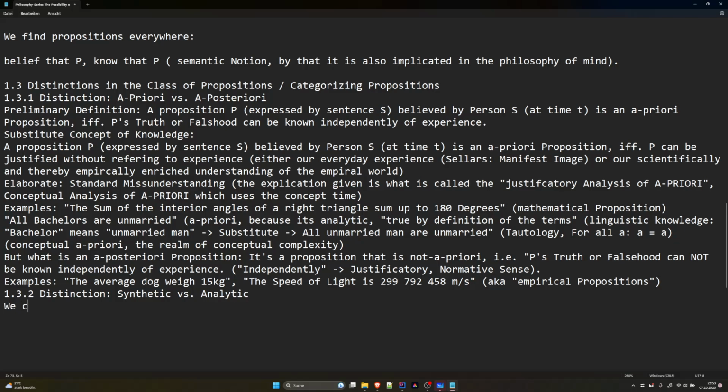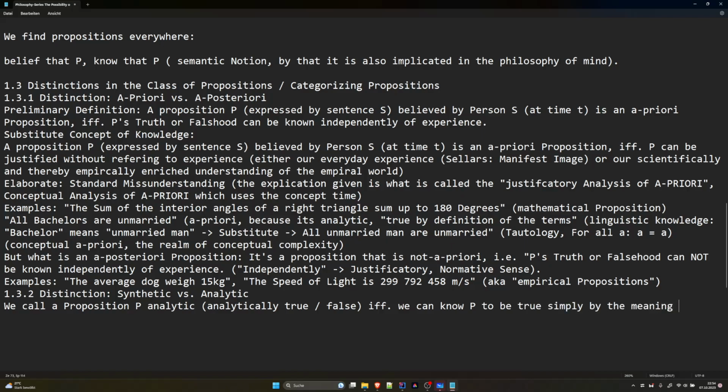We call a proposition P analytic, or we can also say analytically true, if and only if we can know P to be true simply by the meaning, or we could also talk about definitions, but as I expounded upon in the previous videos, I don't like this term.